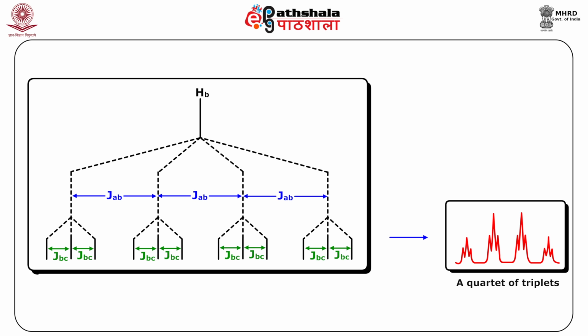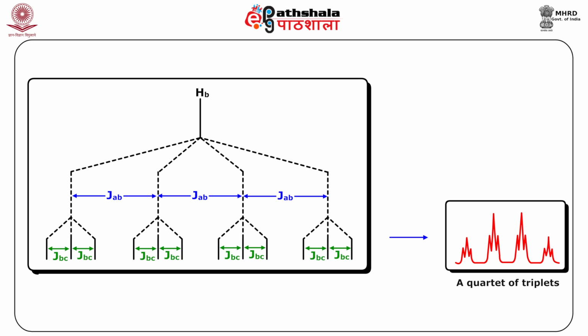The signal for Hb is first split into a quartet due to Ha protons, and each of these 4 lines in the quartet is further split into a triplet because of the Hc protons. The signal will therefore have 12 peaks in the form of quartet of triplets. Now you can see this figure clearly in this explanation with the figure given here. You can see quartet of triplets clearly displayed here with different coupling constants also.